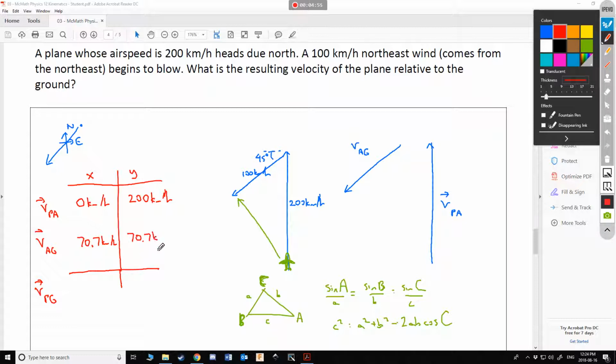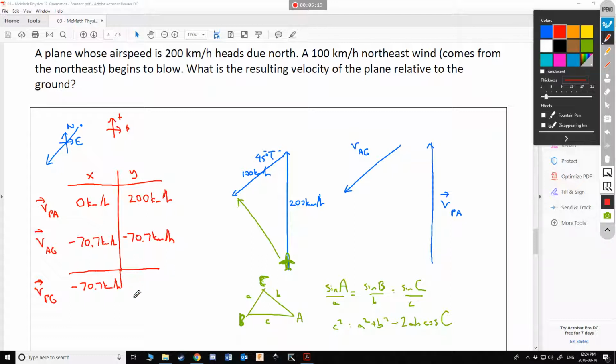Before we move on, let's make sure we get our positive and negative signs correct. Up and to the right we consider as positive, down and to the left as negative. This is both down and to the left, so I'm going to put in a negative sign and a negative sign. So my resultant vector is going to be negative 70.7 kilometers per hour in the x direction.